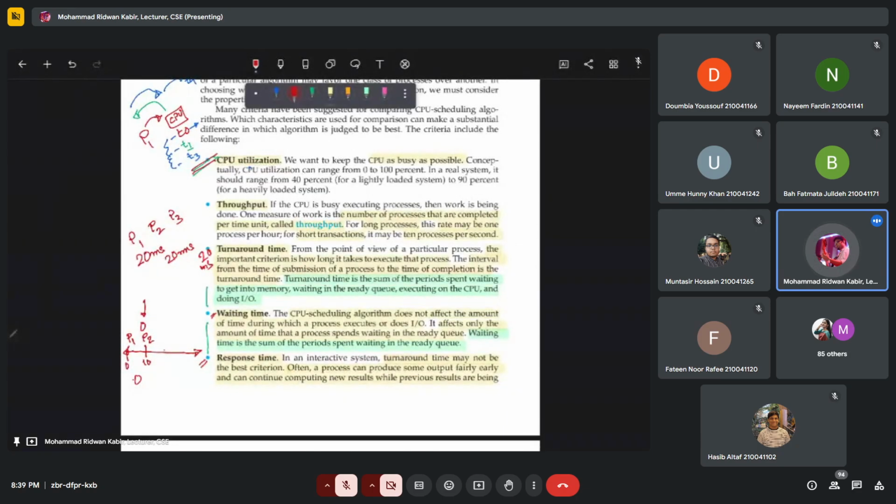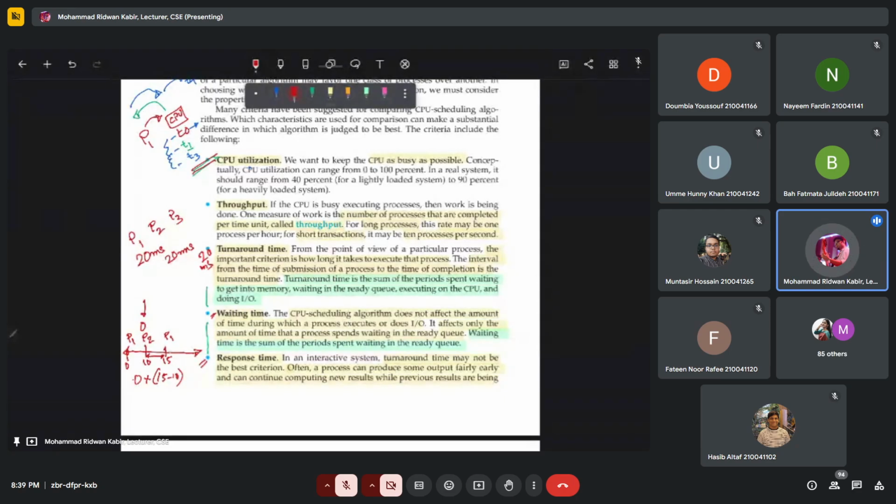So the next time P1 gets the CPU is at, for example, 15. So during this time from 10 to 15, P1 was not in the CPU. Do you agree? Yes, sir. Okay. So if that is the case, what is the waiting time for P1? 15 minus 10, right?